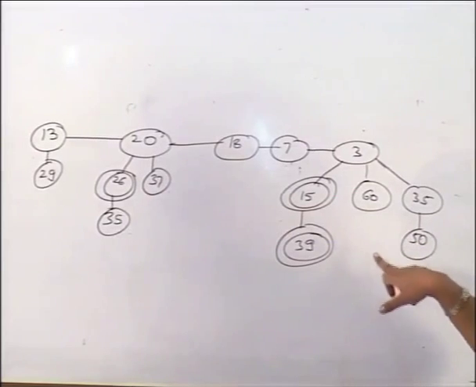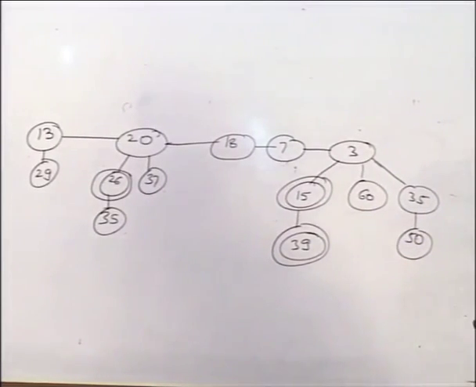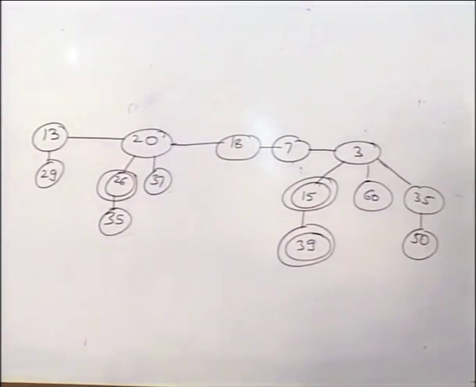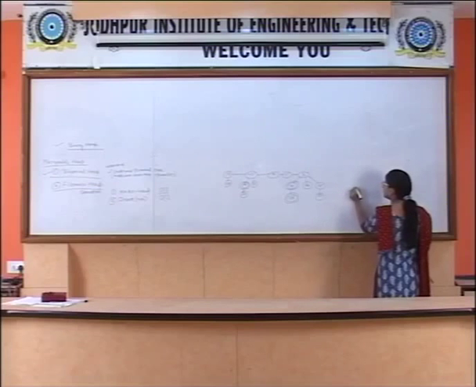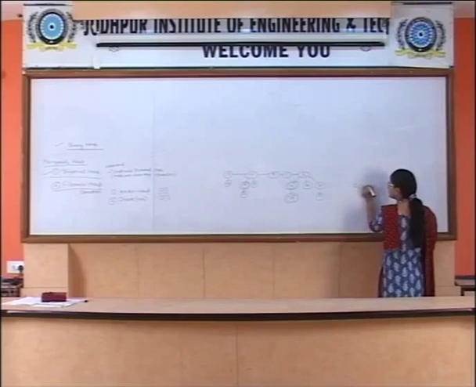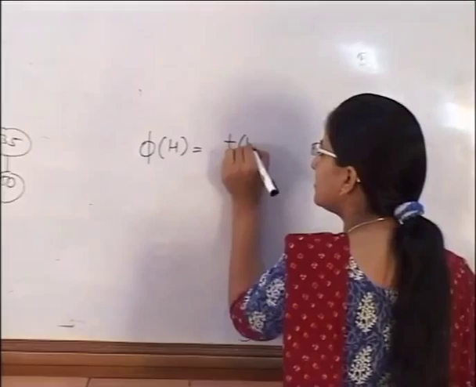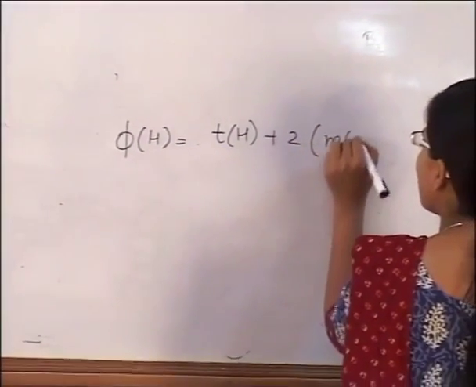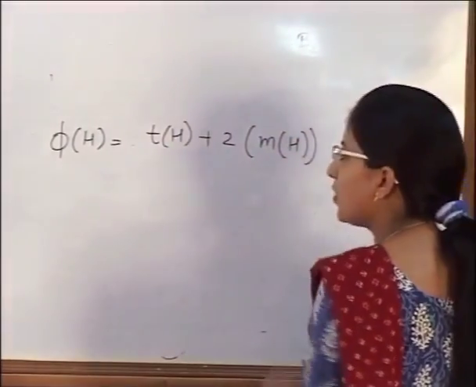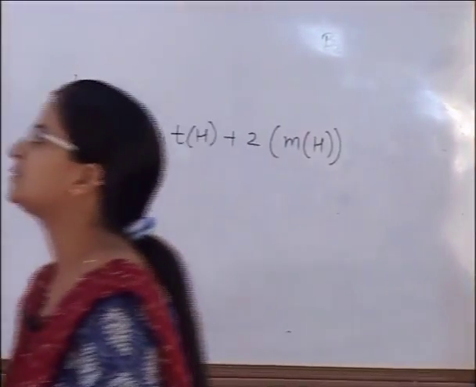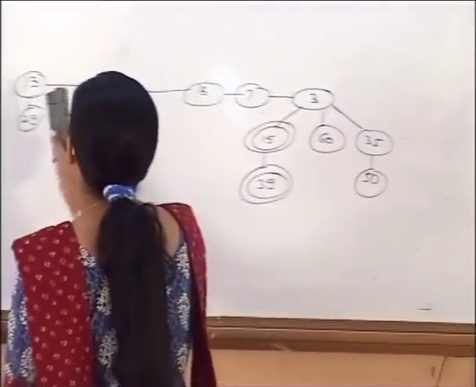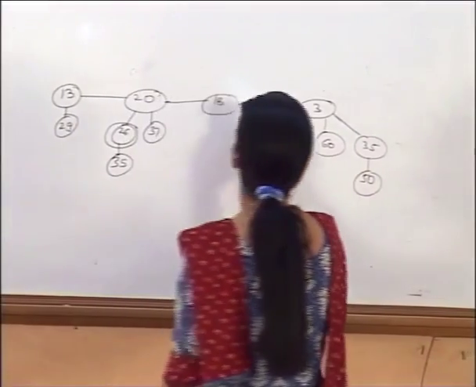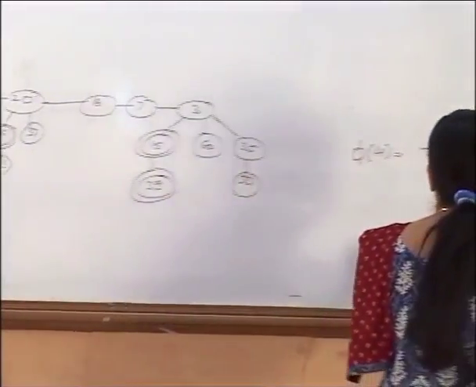If I am supposed to calculate the potential function for this particular Fibonacci heap, then according to the formula, it is the number of trees present in the Fibonacci heap plus twice the number of marked nodes present in the Fibonacci heap. The number of trees present in this given Fibonacci heap is 1, 2, 3, 4, 5.